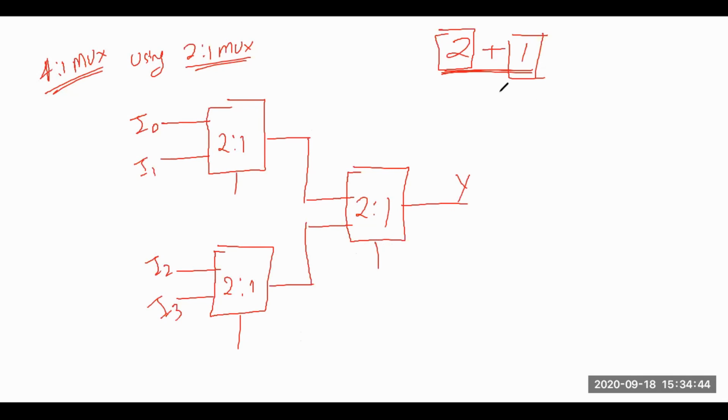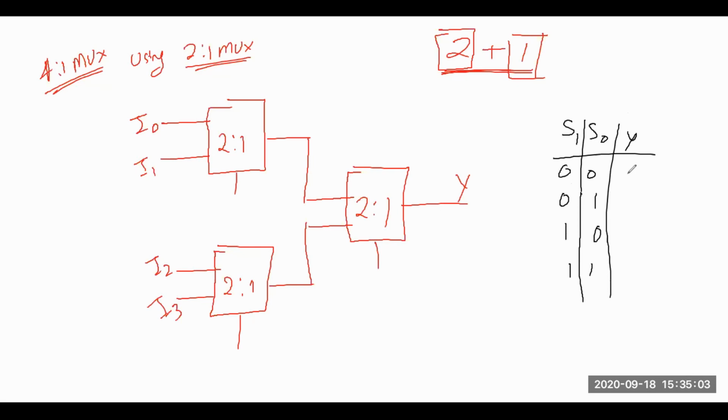Whenever you write the select lines S1 and S0 for a 4 to 1 multiplexer in the truth table, there are four possible combinations: 00, 01, 10, 11. At 00 you want I0, at 01 you want I1, here I2, here I3. You can check that for these two inputs S1 is 0, and for these two S1 is 1.